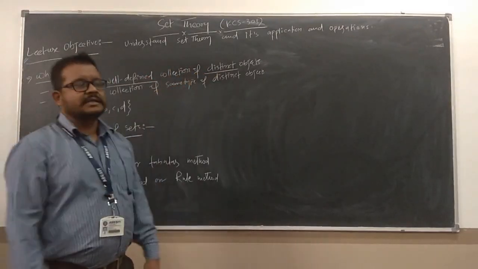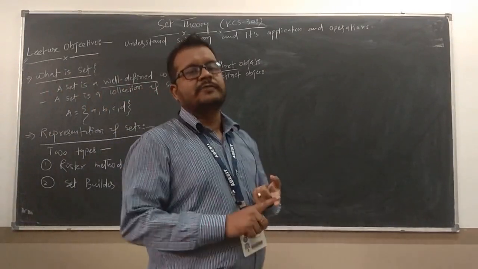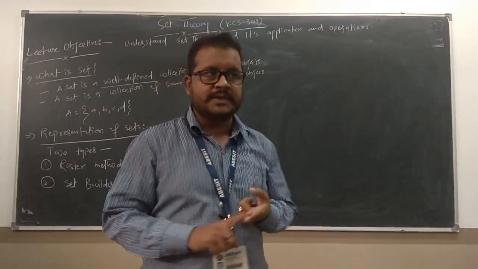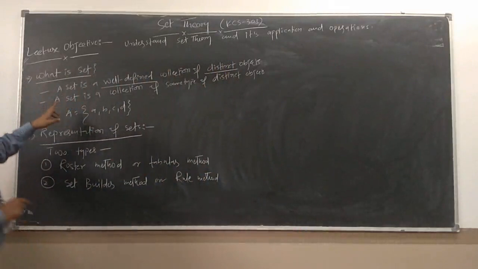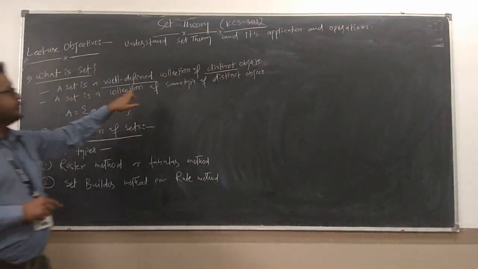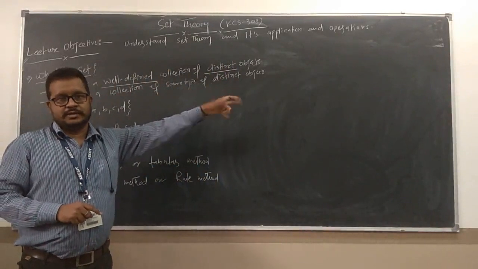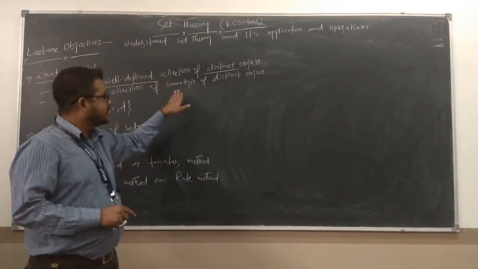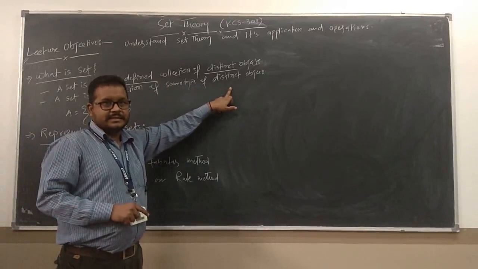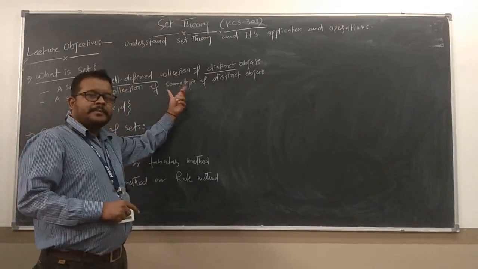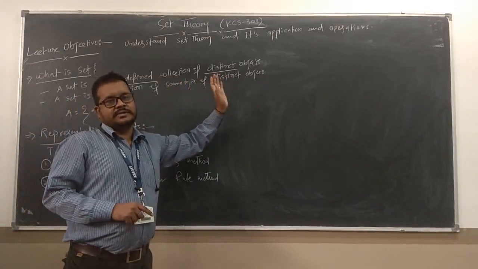So we can say a set is a collection of well-defined and distinct objects, or a collection of same type of distinct objects. You can see a contradiction: same type and distinct. The type is the same but the objects are different.